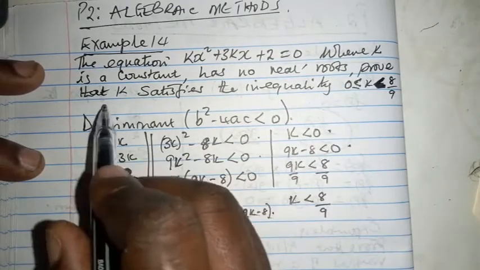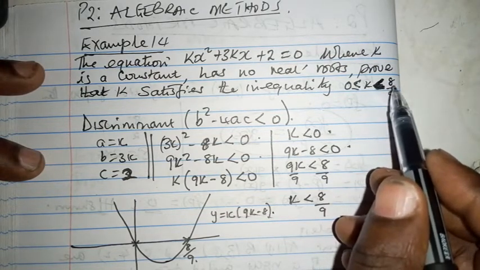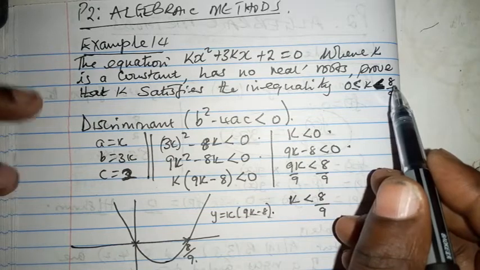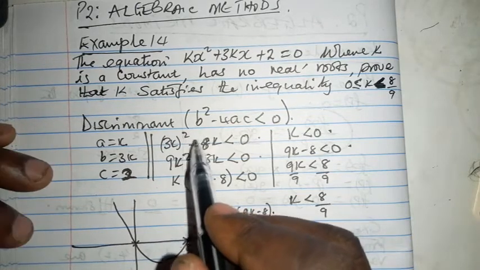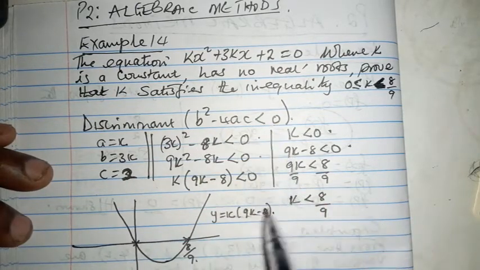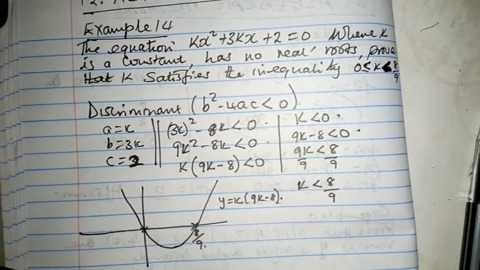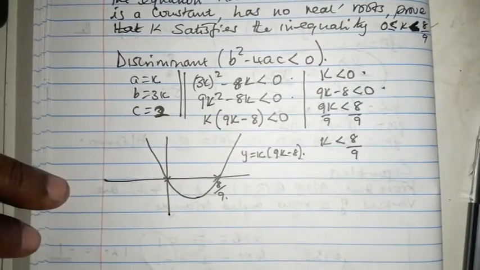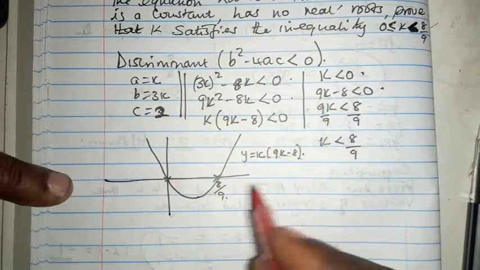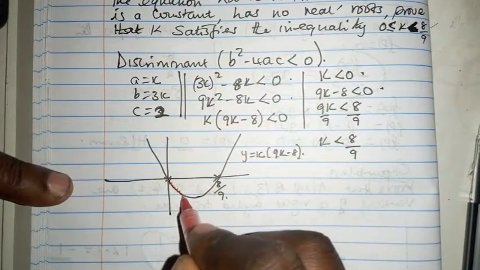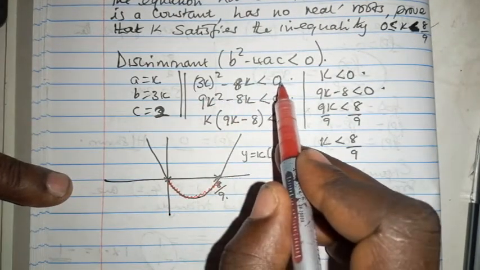Prove that k satisfies the inequality k greater than or equal to 0 and k less than 8 over 9. That one is very straightforward because we started by talking about our discriminant being less than 0 and we got the critical values. So our duty is now very simple. It's just to highlight the part of the graph where the values of y are less than 0, because we started by talking about a discriminant being less than 0.